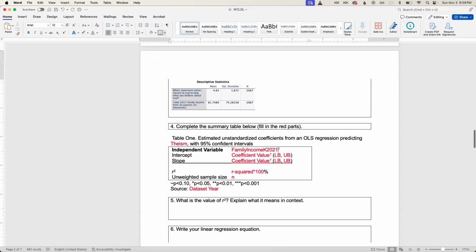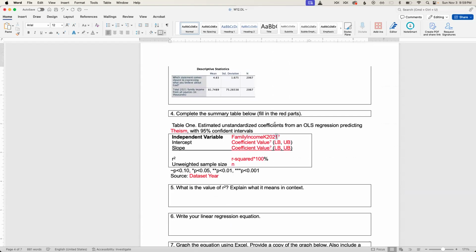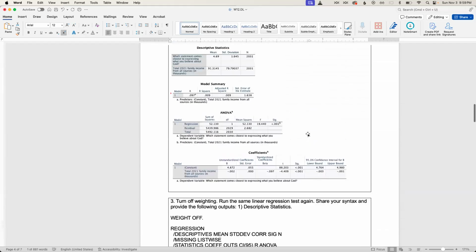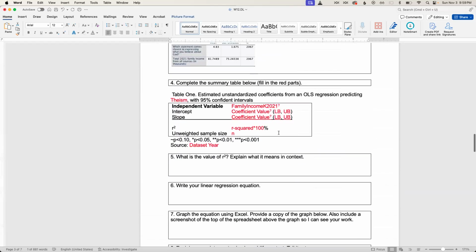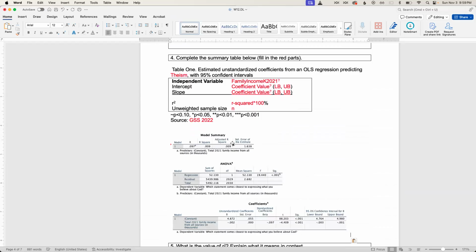Yeah, okay, 2021. And you could even just call it that, it's okay. And so this is for significance. So let's go through here. And this is GSS 2022. That's the data set it comes from.